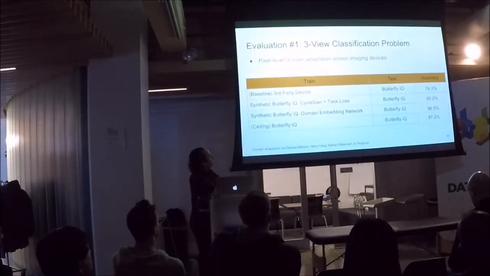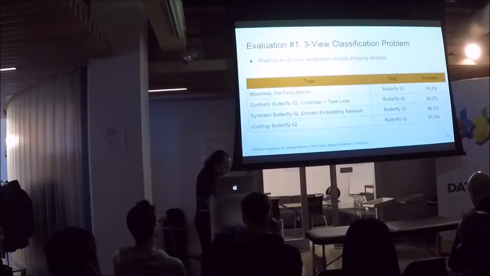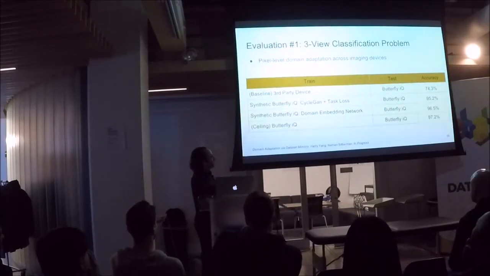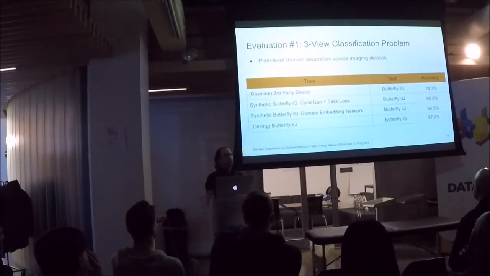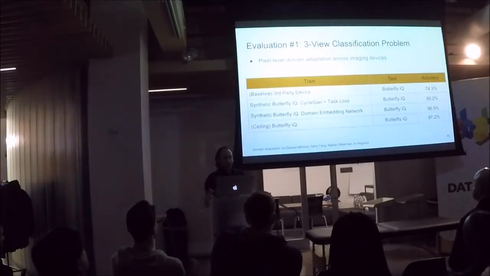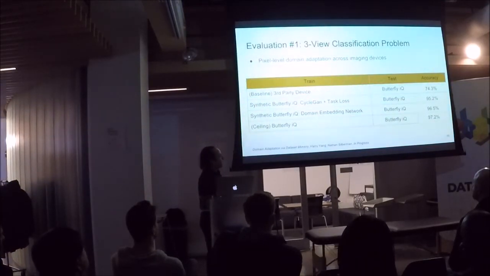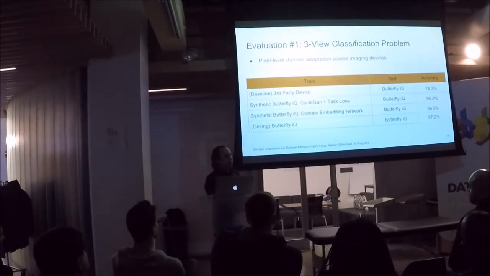So how do we actually do in practice? Quantitatively, our baseline was developed by just doing the naive thing. We took all the source images, trained on them, and then applied them in our target domain. That got about 74%, which isn't atrocious, but is obviously far from where we want to be.